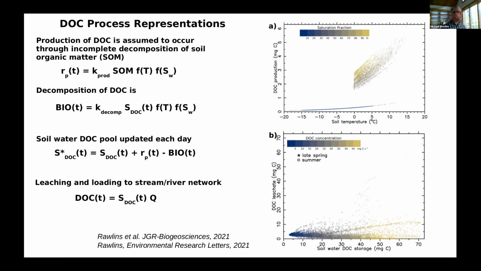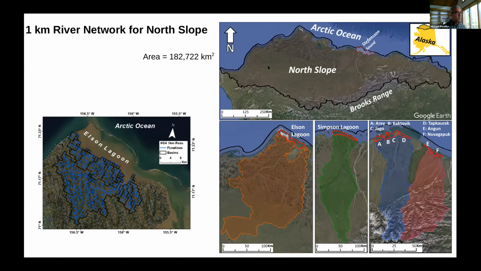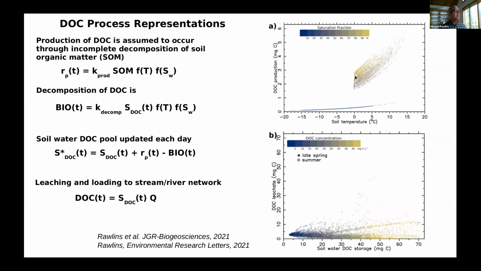The soil water DOC pool is updated each day then, and the leaching and loading to the stream network is a function of the amount of soil water DOC and occurs whenever we have a runoff event, which is Q. And so as I'm showing here in the upper right, DOC production, for example, in milligrams of carbon, increases with soil temperature and increases with the amount of soil water fraction, the amount of soil water we have.